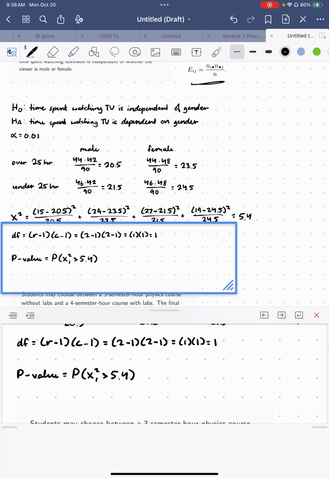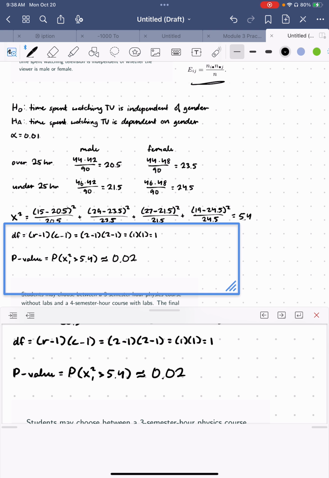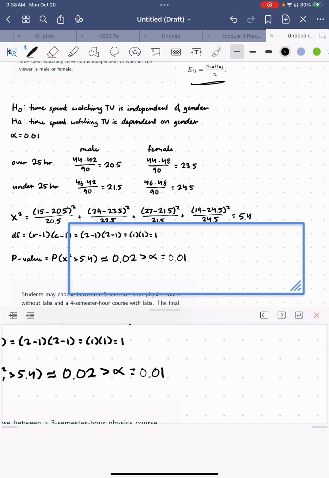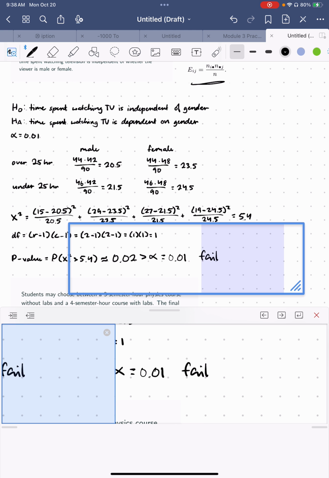Okay, so we know that our p-value is close to 0.02, and since we're using our significance level of 0.01, we will actually see that this is greater than our significance value, and so we fail to reject our null hypothesis.